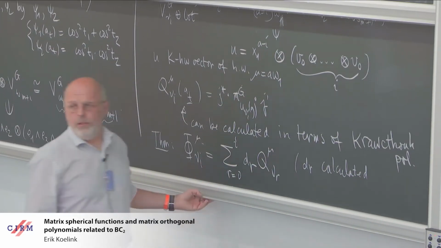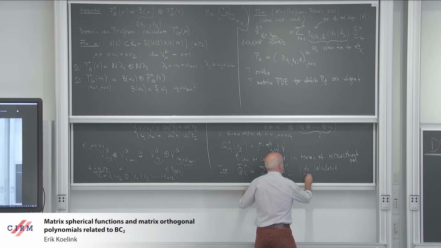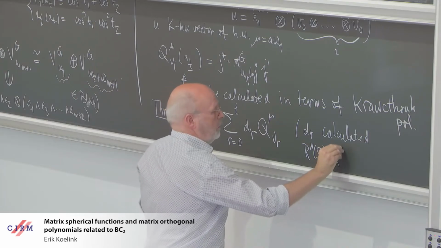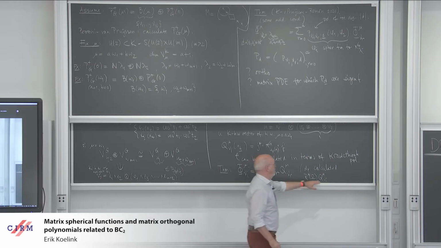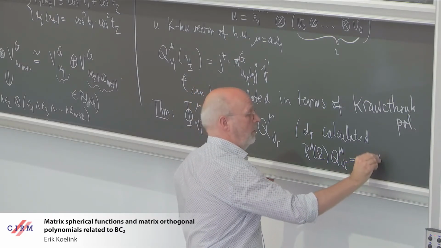And the calculation of these DRs is really the step that one can check that is true. But where I don't understand why this is true, of the same nature, is that it turns out that if you take the Casimir operator, the radial part, and act on these constructed elements, you get the right eigenvalue.